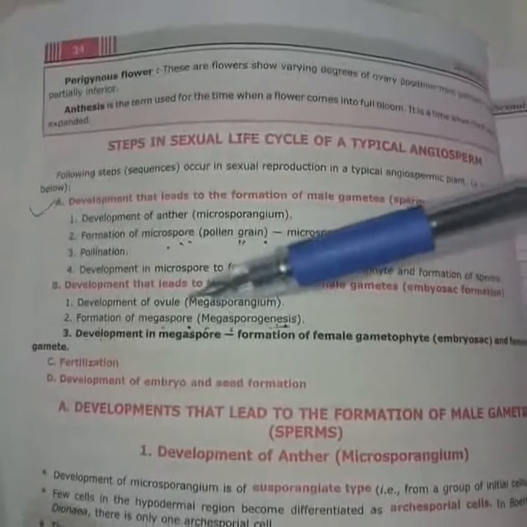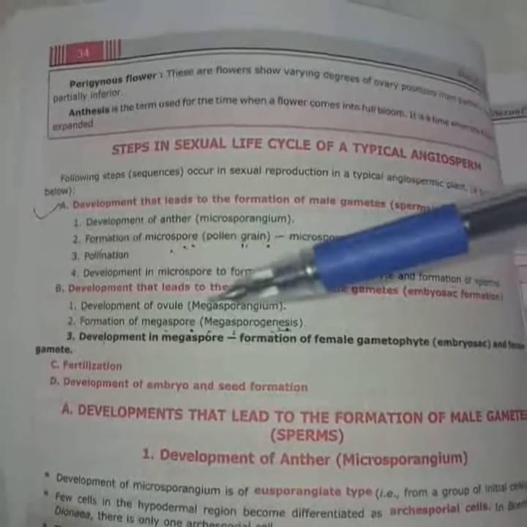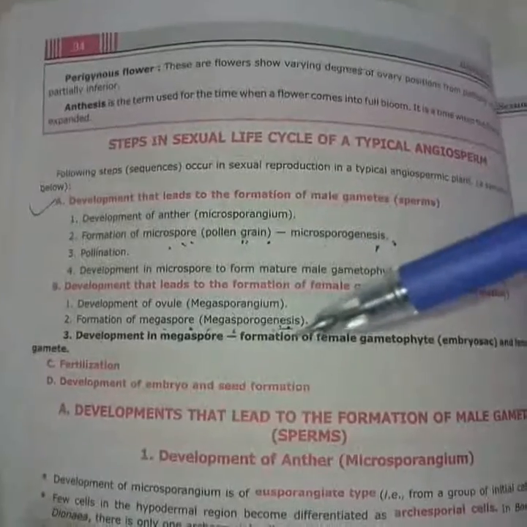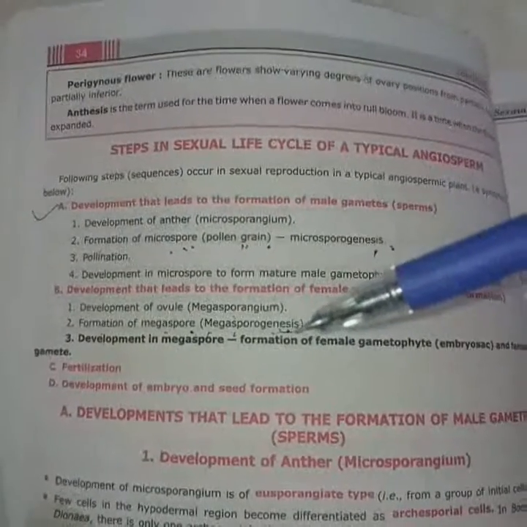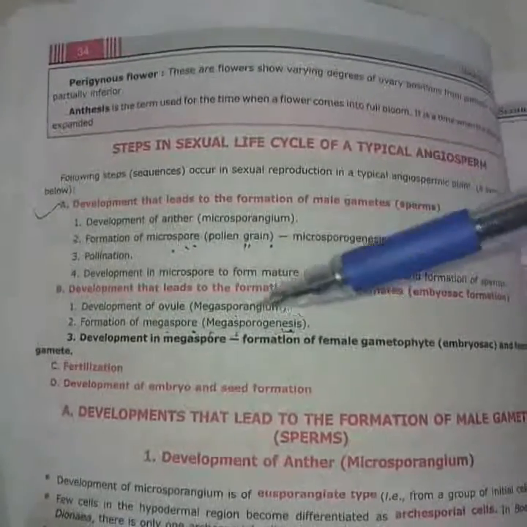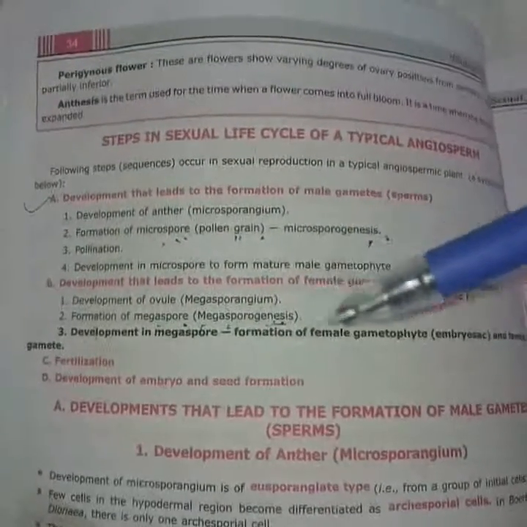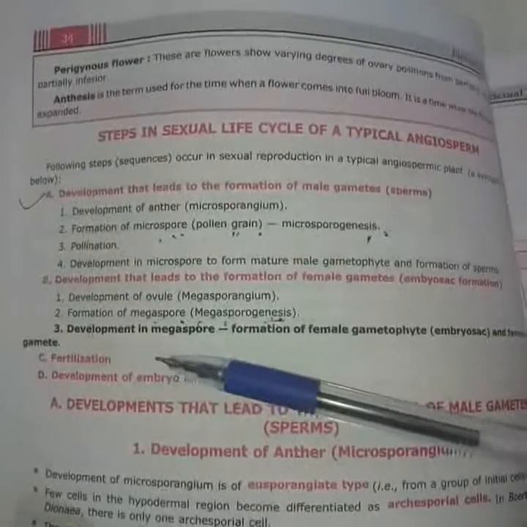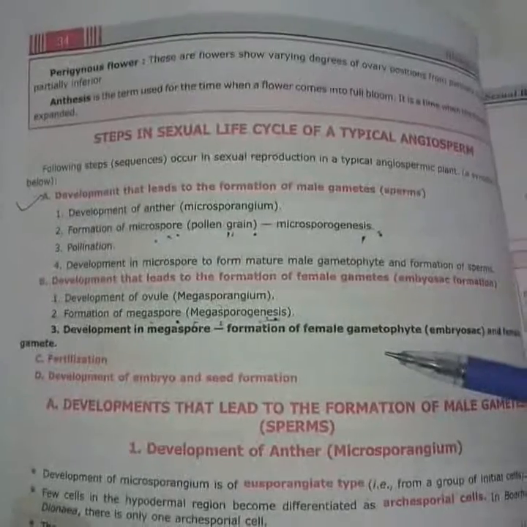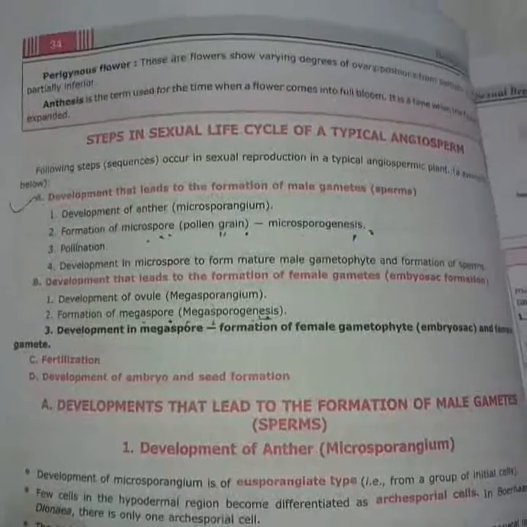Megaspores are called egg cells. The egg cell is a single larger cell. This process is called megasporogenesis. You know that the development of microspores is called microsporogenesis, and the development of megaspores is called megasporogenesis. The next step is the development of megaspores, forming the female gametophyte called the embryo sac, and female gametes.